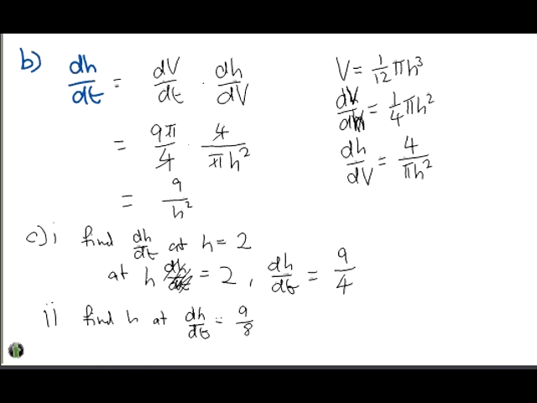Again, you know the equation of dH/dt, right? dH/dt is 9 on H squared. So you just go, great, 9 on 8 equals 9 on H squared. Oh, look. H squared equals 8.